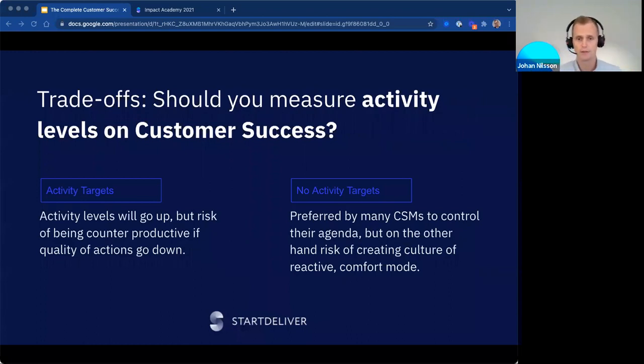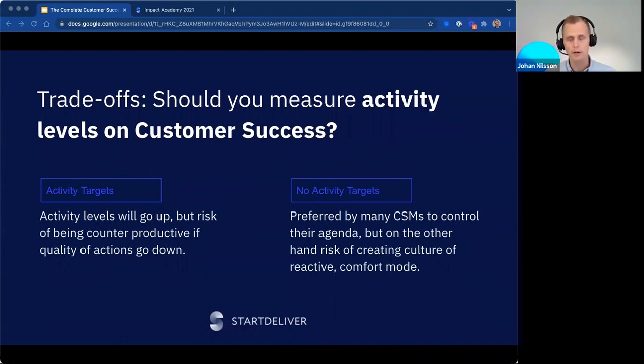Another trade-off is that in sales, you usually have some target on number of meetings or appointments or calls or demos. Should you have that in customer success? If you have an activity target for customer success managers, that of course drives behavior, so activity levels will go up.